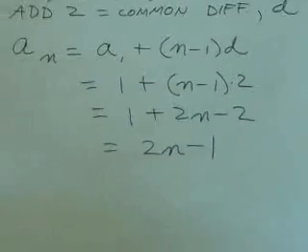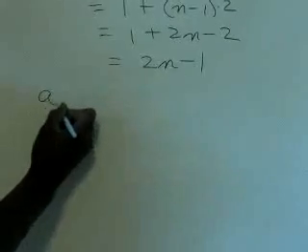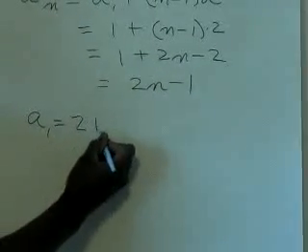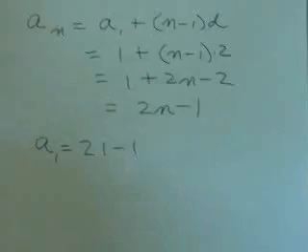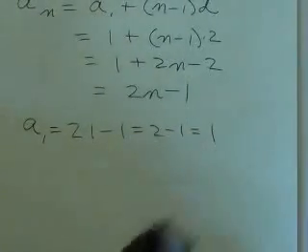Now, let's just verify that the formula works. The first odd number should be 2 times 1 minus 1, which is just 2 minus 1, or 1.